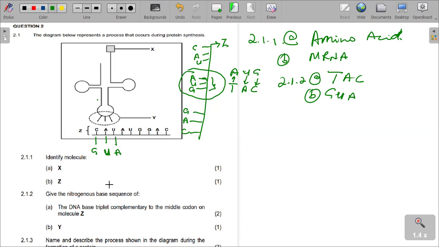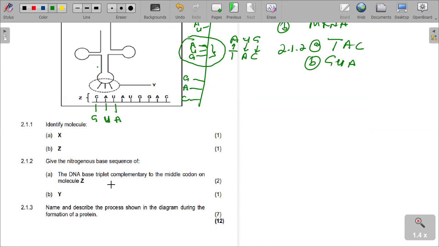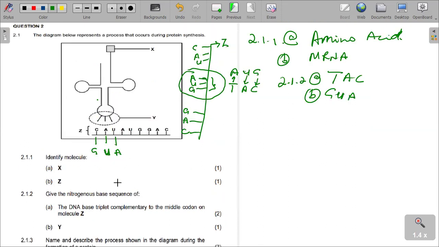And then our next question is saying, name and describe the process shown in the diagram during the formation of protein. As you can see, the process that is being shown there is protein synthesis. So you are supposed to understand the question is saying name and describe, 2.1.3.